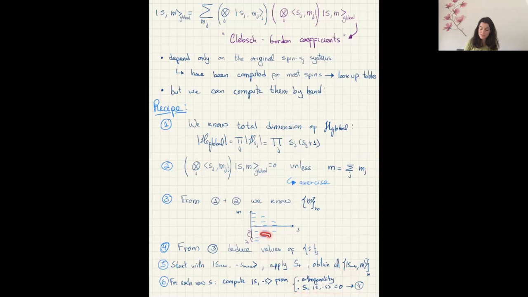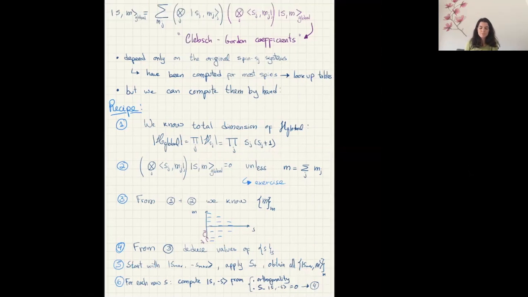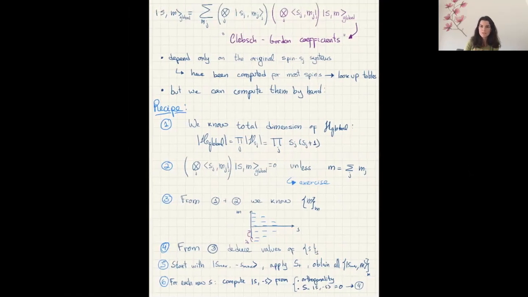So then you find this state, and then again with S plus, you find all the other states and so on. So that's the general recipe. There are more elegant recipes, again, using group theory and representation theory, but we will not get into this. Okay, so this is how you add spins.